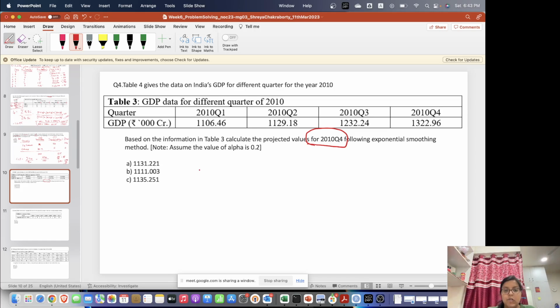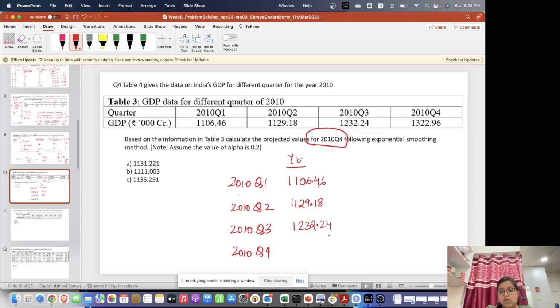Now we have 4 data points: 2010 Q1, 2010 Q2, 2010 Q3, 2010 Q4. The values are somewhat like this: 1106.46, 1129.18, 1232.24, 1322.96.